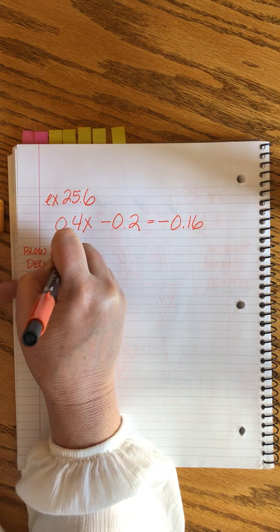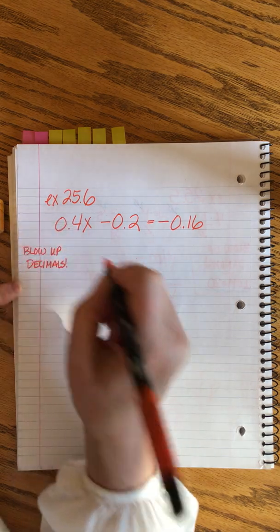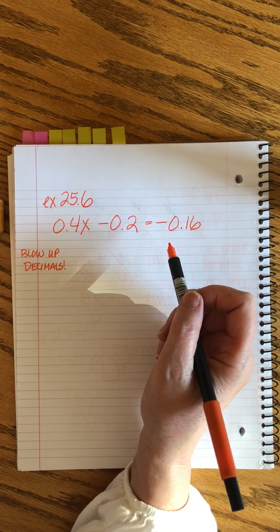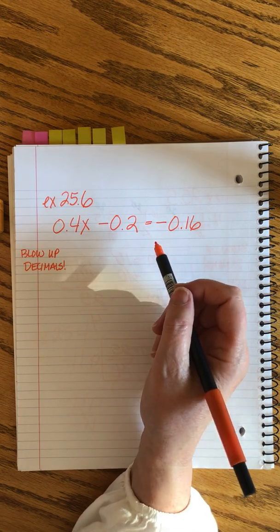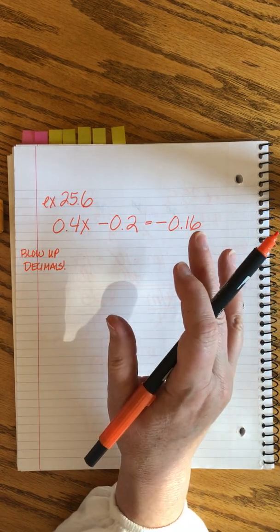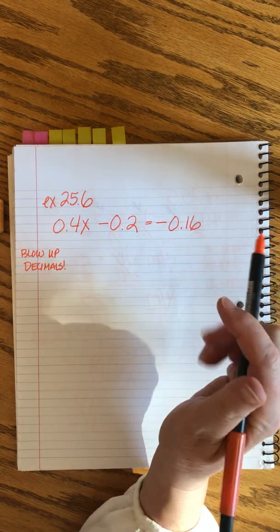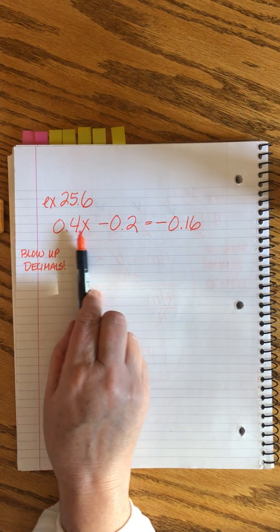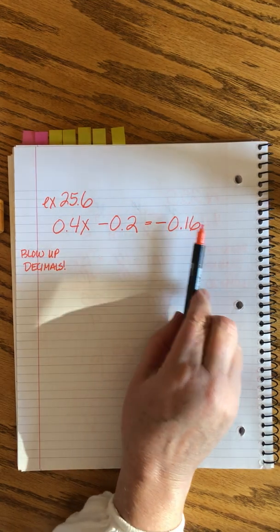How do we do that? Basically, what we're doing is we're going to multiply these numbers by a power of 10: 10, 100, 1,000, 10,000. Whatever it takes to get rid of the decimals. So we look at these and go, okay, how bad of a problem do we have? This one we have 1 decimal place, 1 decimal place, 2 decimal places.